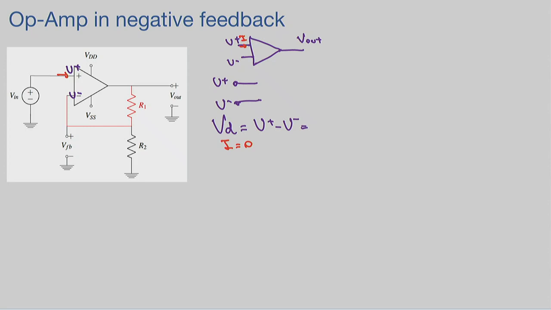Okay, now we also know the other model. Inside the op amp, what do we have? We have a voltage controlled voltage source that is given by A VD. And then here we are going to have V out, right?